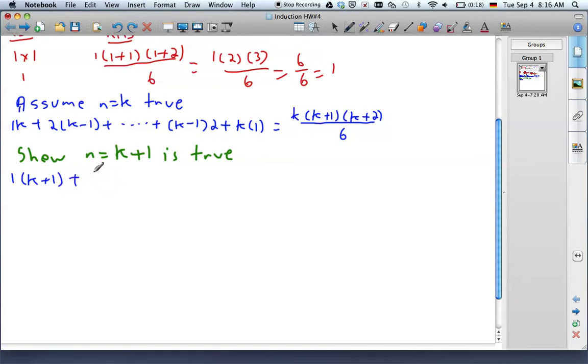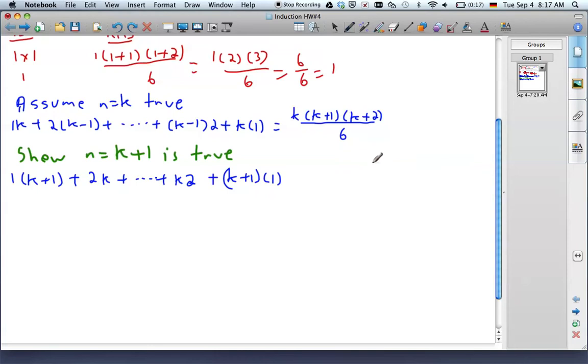And then instead of 2 times k minus 1, you're going to have 2 times k plus 1 minus 1. Plus 1 minus 1 is just 2k. And we keep going on in this fashion till we come to the end. And instead of k plus 1 minus 1, you have k times 2 plus k plus 1 times 1.